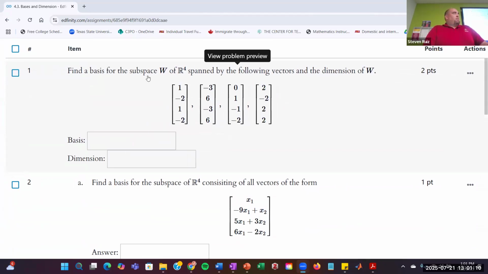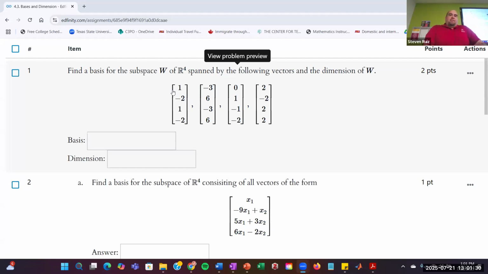I want to find a basis for the subspace spanned by these vectors. The way that I went through this is, let me just ask you, what do you remember about the way we went about this? So we parameterized it and we found a basis.